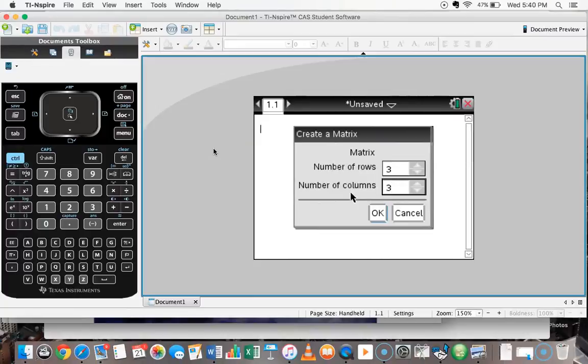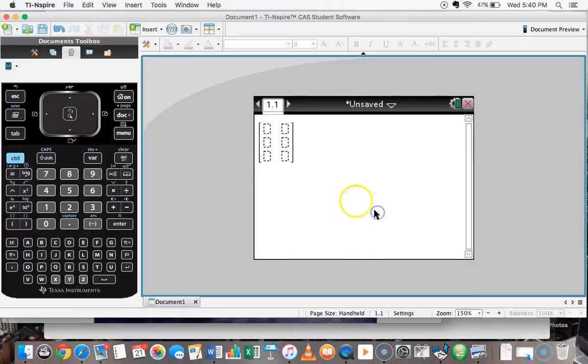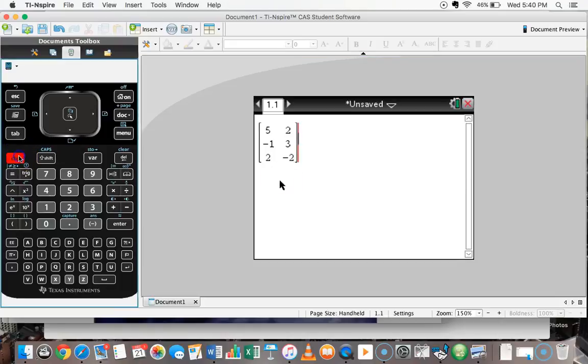So using the tab to go down, we get a 3 by 2. It's great. We enter our values. We want 5, 2, -1, 3, 2, and -2. We're going to store that matrix, so we press Control, and then we have this store button, which is the same as the variable button. Get that little arrow. We will call it matrix A. Press Enter. There it is.